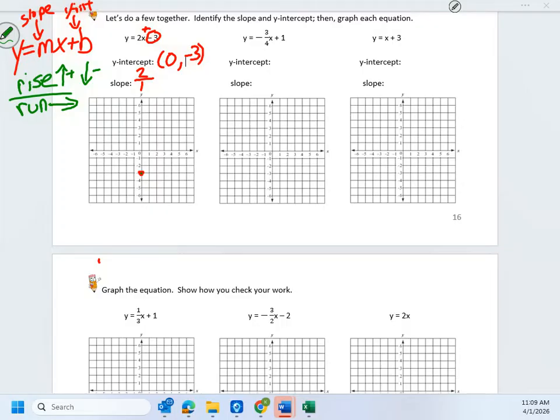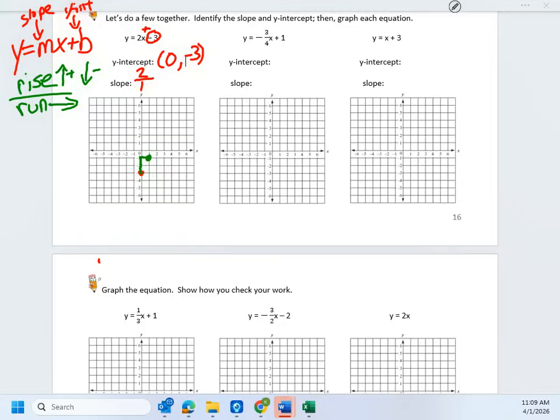It's a positive 2, so I go up 2. It's a positive 1, I go to the right 1. That shows me where my second point is going to be. So it's been a little while since we did the rise over the run, but remember, if it's positive, you go up that top number, and then you go to the right, the bottom number.